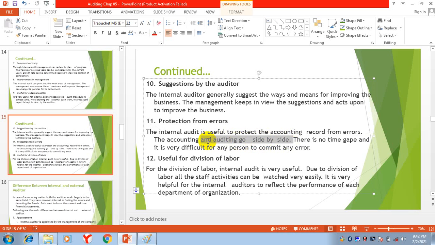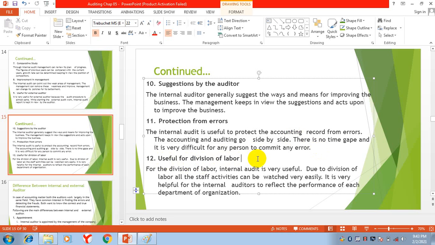The accountant will record the entries and the auditor will check the entries. So their work goes side by side. There is no time gap and it is very difficult for any person to commit any error. If there is some error, the auditors will check and pinpoint it. So the chance of error will be very less.